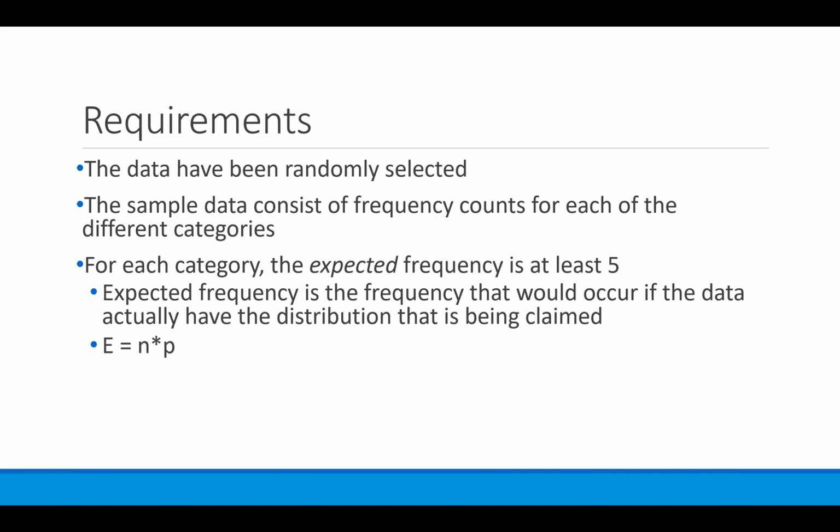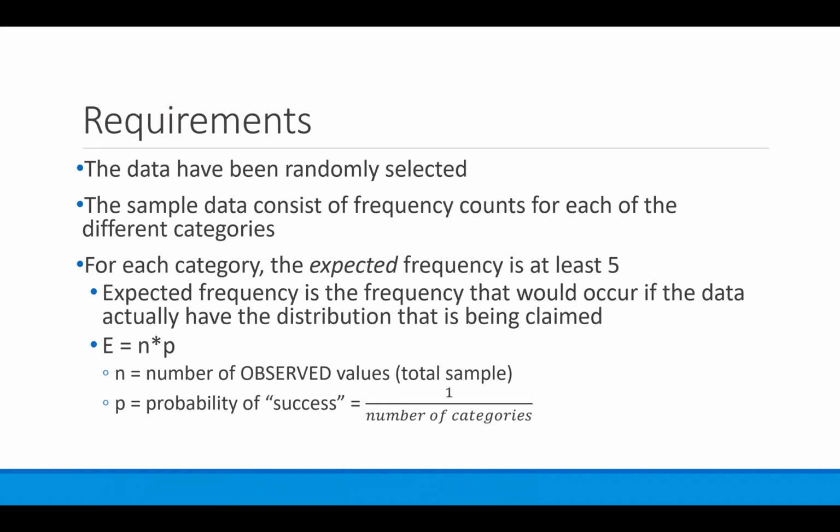There's a formula for calculating the expected frequency, but Minitab also does it for you, and I'll show that to you when we get there. The formula is your sample size, which is n, times your proportion. So it's the total number of observed values in your sample, times the probability of success, which we just learned is p.